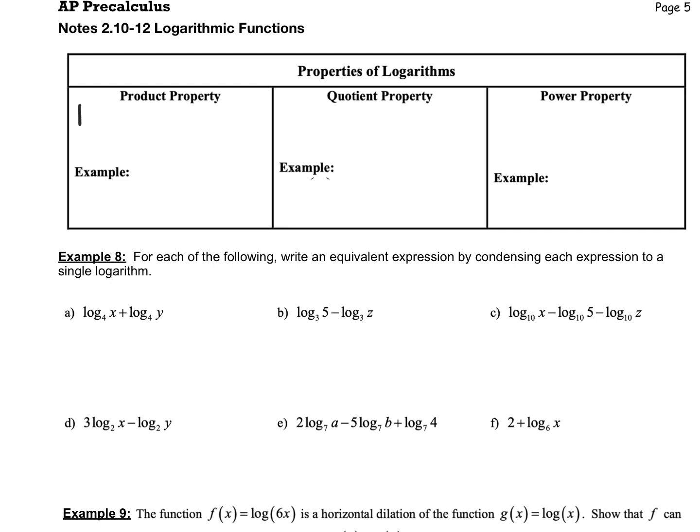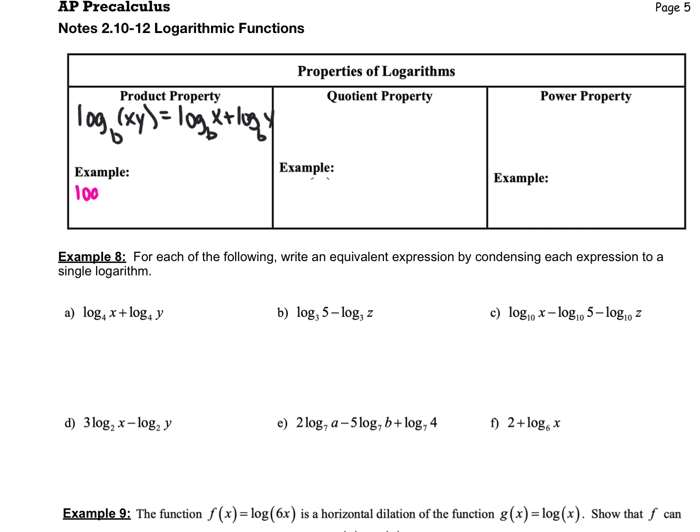Remember, logarithms are equal to exponents. So when I have the log base b of two things being multiplied together, when I'm multiplying with bases, what do I do with their exponents? I add them. So it's log base b of x plus log base b of y. So if you have a single logarithm and two things being multiplied, you can split it apart, same logarithm, add the two things.